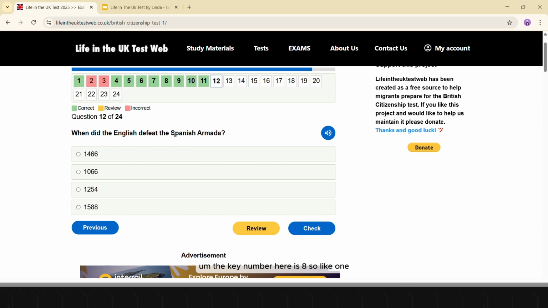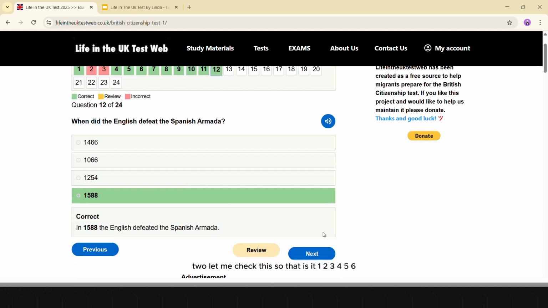Let me check this. 1, 2, 3, 4, 5, 6, 7, 8. I remember I was trying to find a tip to use as well. So I counted this and it was 7, and then I decided I'm just going to add this 8. So it's 1, 5, 8, 8. Just put it in your brain like that.